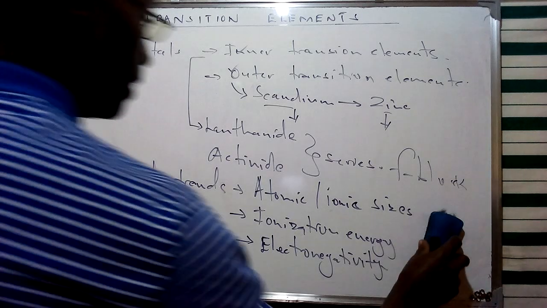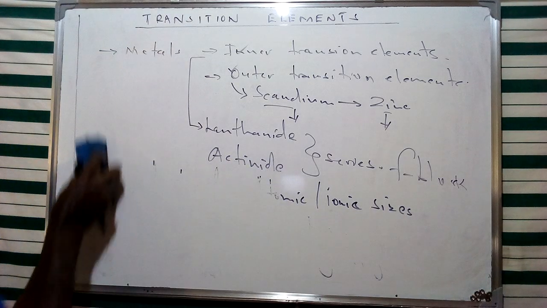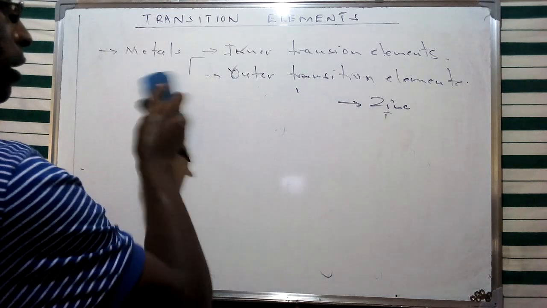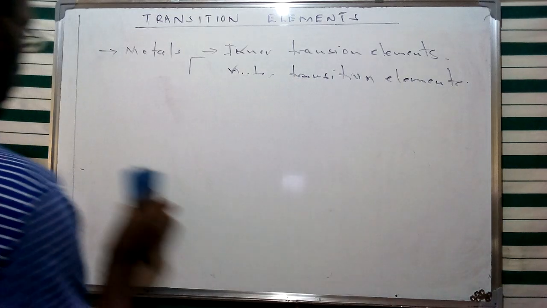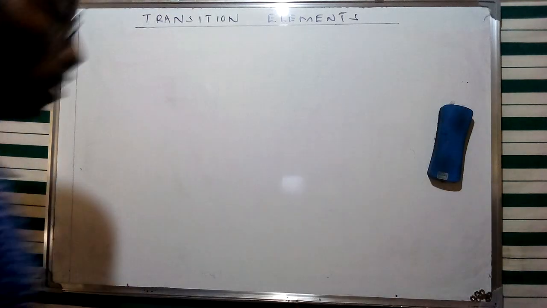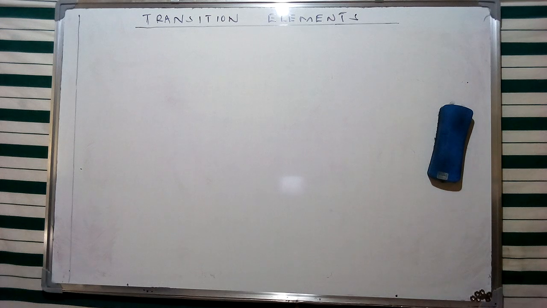I mentioned that transition elements are classified according to the orbitals which the last electrons occupy, and therefore these make the transition elements exhibit various characteristics. Now I can give a summary in statement form to help us comprehend these characteristics.